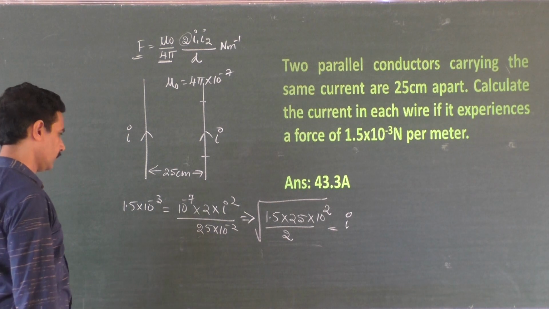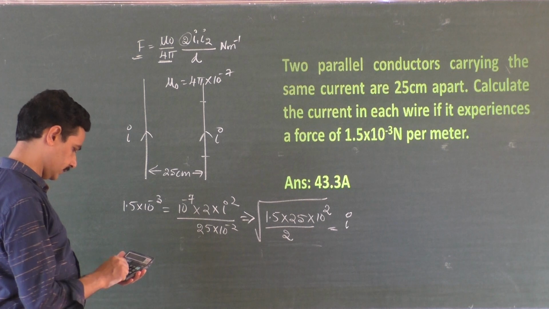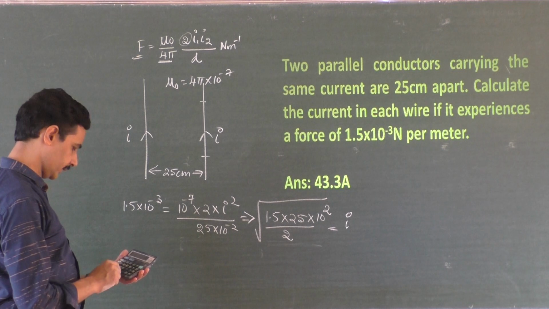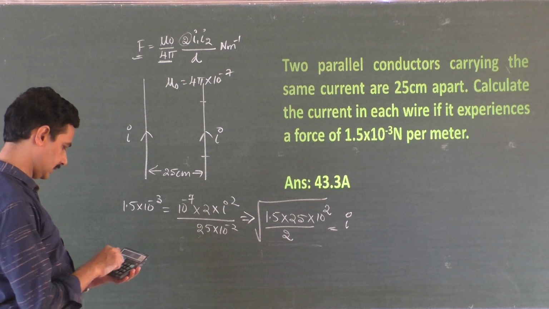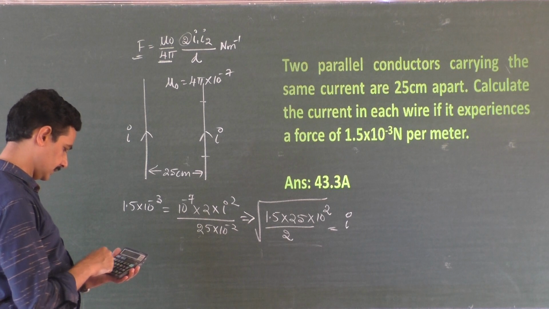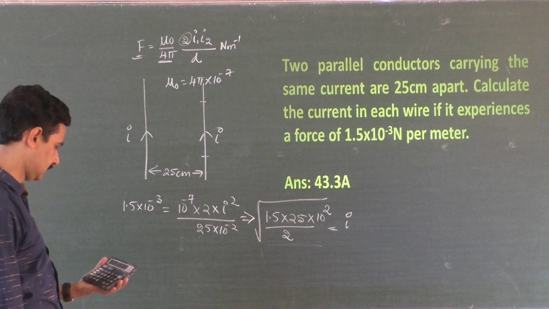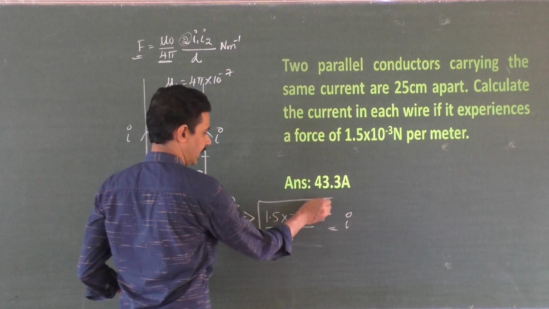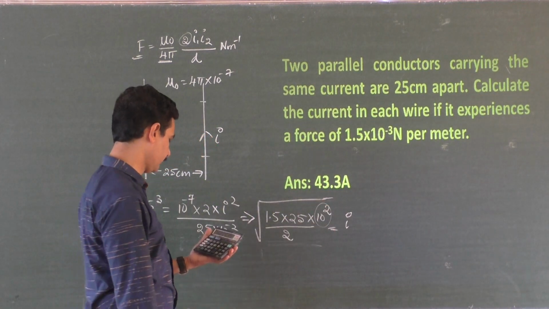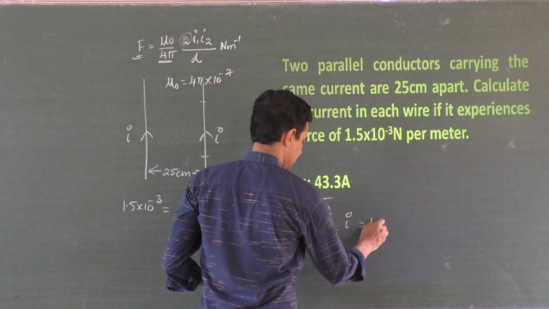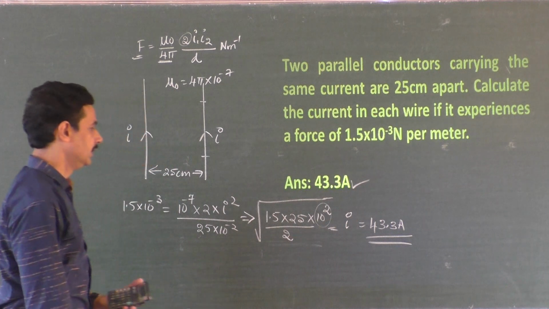So 1.5 into 25 divided by 2 is 4.3, and this is 10 to the power 2 square root, and its square root is 10. So into 10, 43.3. 43.3 ampere.